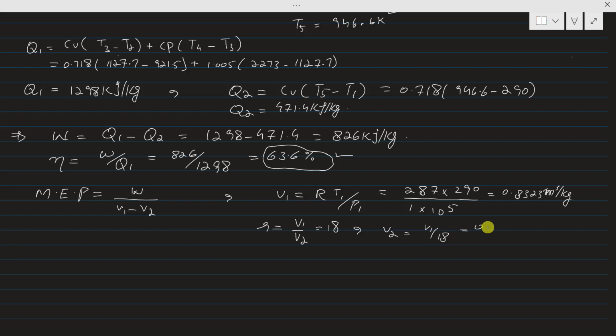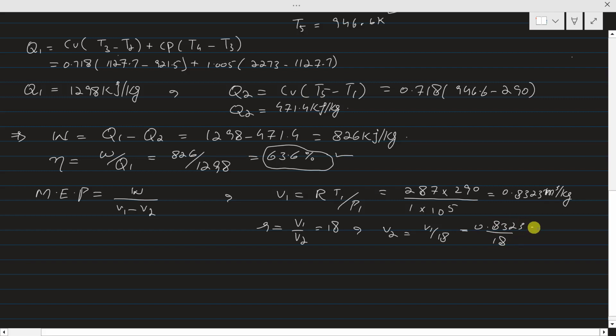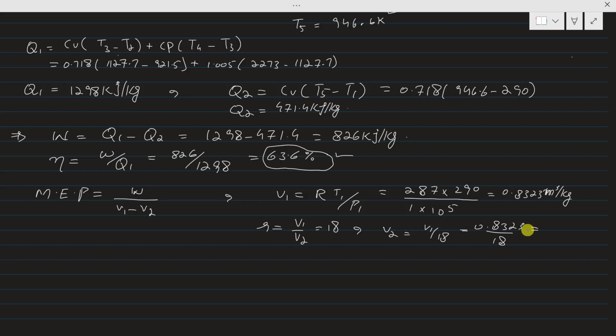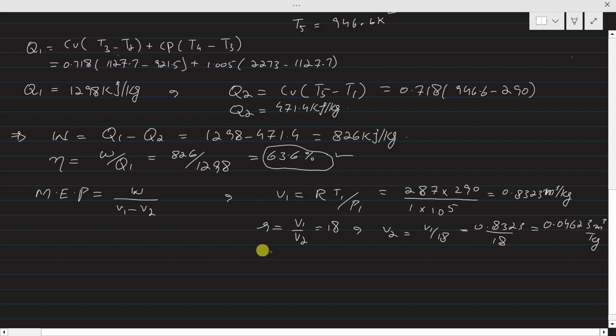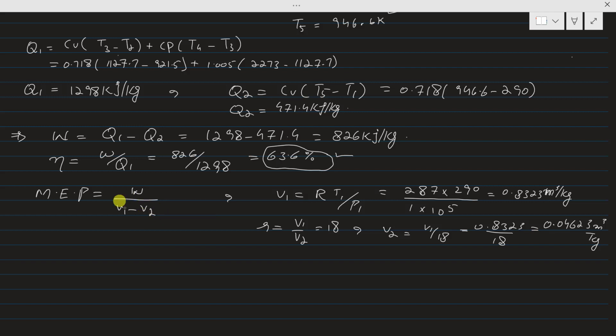So the V2 value will be equal to V1 divided by 18. So 0.8323 divided by 18, and you will find its value, that is equal to 0.04623. We now just put the values of the corresponding terms in this formula to find the mean effective pressure.